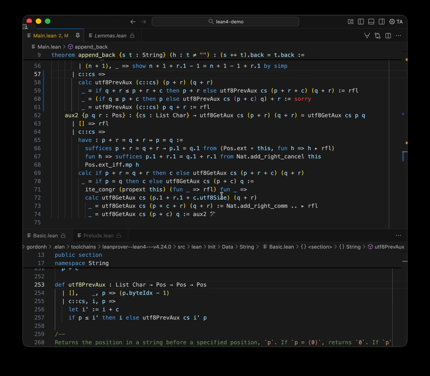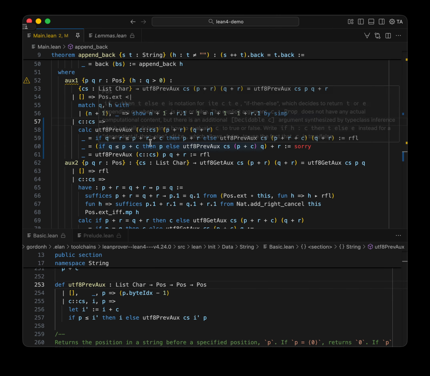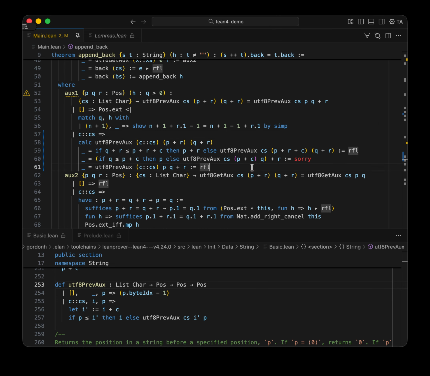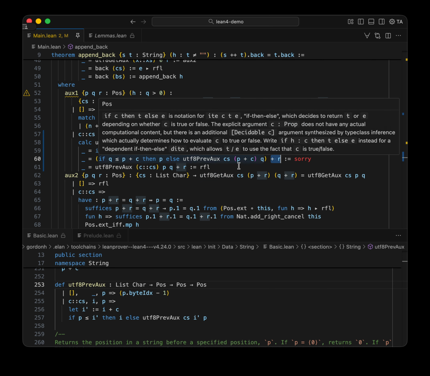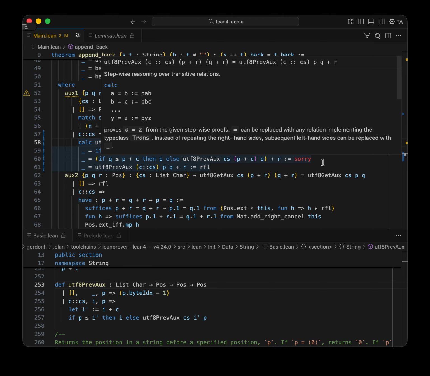We call ITE congruent. We will be doing a similar thing here because these two things are equivalent. The conditions are equivalent. Okay, what about these? You see that we are just moving plus r out of the whole if expression. Why? When originally we have plus r inside both arms.